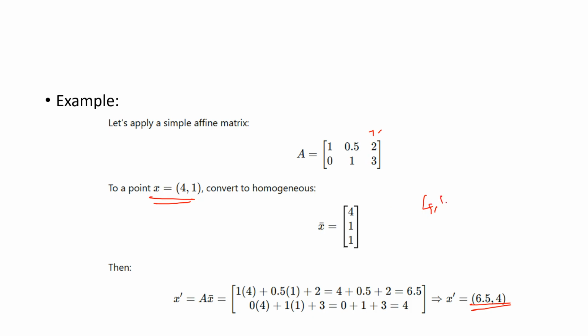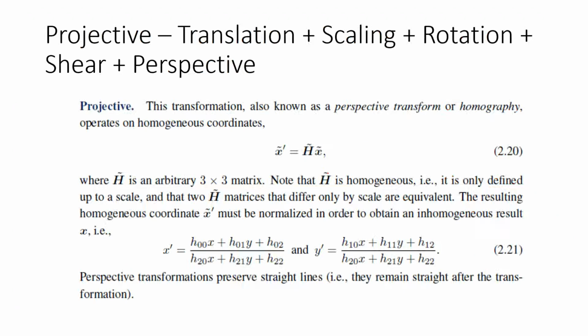So the point (4, 1) is converted into (6.5, 1, 4), which means I have applied a translation of 2 and 3, I have performed the 1, 0.5, 0, 1 rotation, and I have performed scaling. Scaling is 1, so there is no change, and I have shifted by 0.5. Okay, shearing of 0.5.